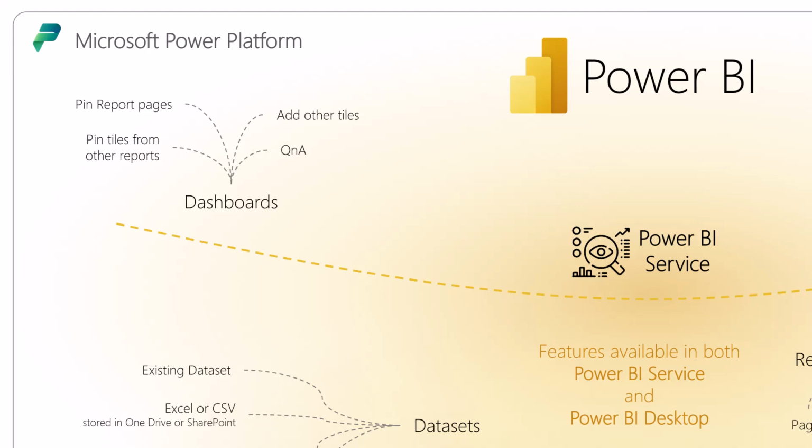So Power BI has the ability to pin different visualizations from multiple locations into a single place called a dashboard. And so that is where we can take, say, our HR reporting and our sales reporting, and we can pin visualizations associated with both of those things into a single place where the CEO or the executive can look and see what's happening at the same time.